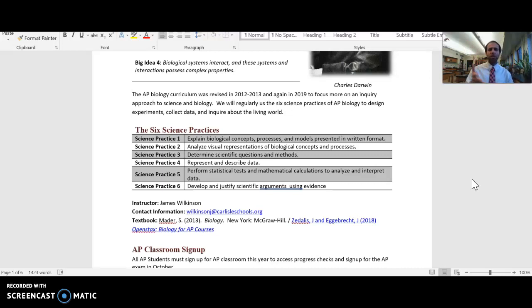And we would try to get you to address these 6 science practices here, including the ability to explain biological concepts and models, analyze visual representations, so like figures and graphs and diagrams, determine what's an appropriate scientific question and good methods. You'd learn how to represent and describe data using tables and graphs.